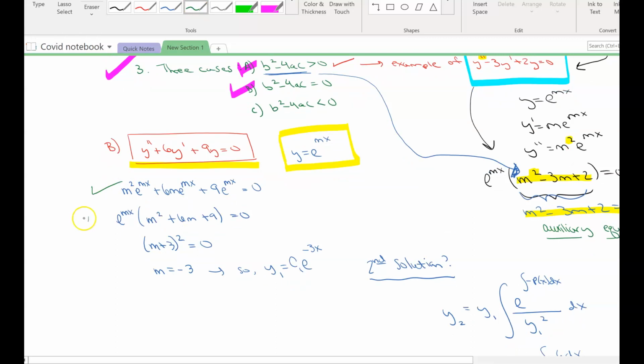And I factored the e to the mx out, and I get m equals -3. Okay, so m equals -3 is a root of the auxiliary equation here of multiplicity 2. So I know that one of my solutions is y1 equals e to the -3x, okay? But I know there has to be a second solution. Now, this is where I want to distinguish something.